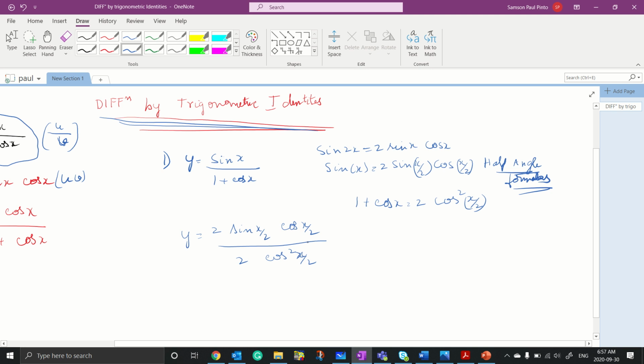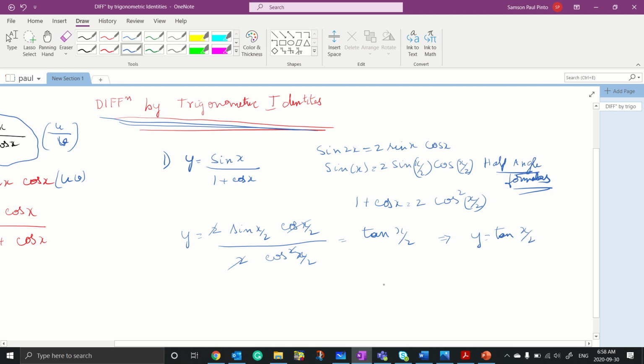The 2 and 2 get cancelled, and the power of cos cancels one cos. You will get tan x by 2, and the answer is y equal to tan x by 2.